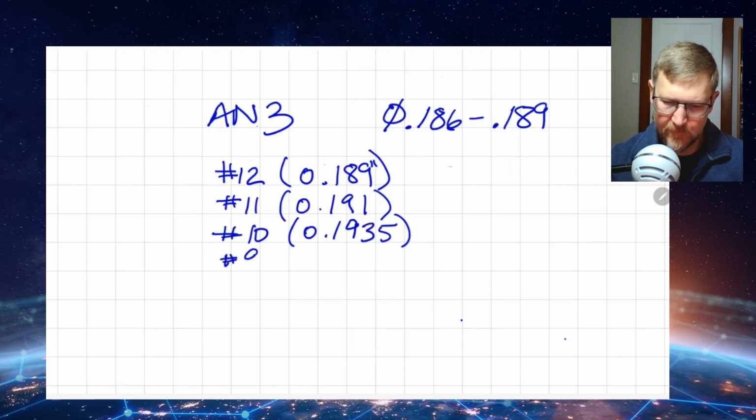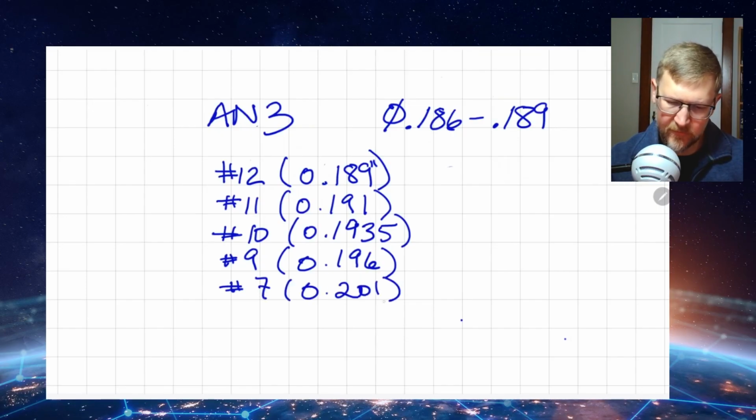Number 9, 0.196. I'm going to skip a few here. We're going to go up to 7. And skip a few more, and we'll go up to number 2. You'll see here in a second why I'm picking these.